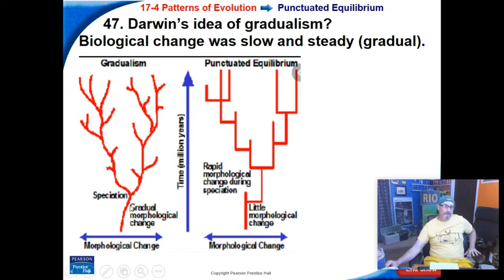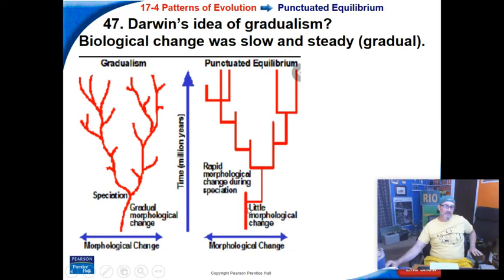Okay, the time is represented from bottom to top. So you've got these slow changes in species over long periods of time. Okay, the flip side of that, the opposite of that. So notice there's no change because the change is represented by movement to the left or the right.